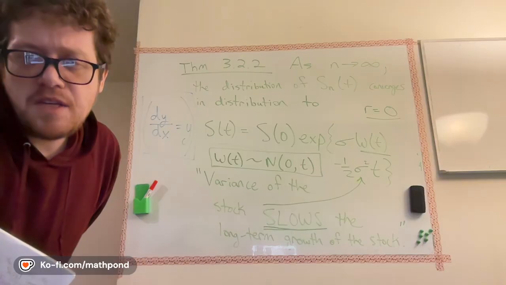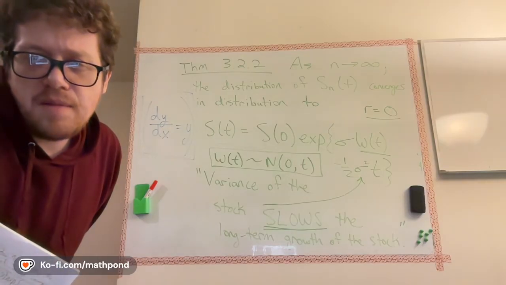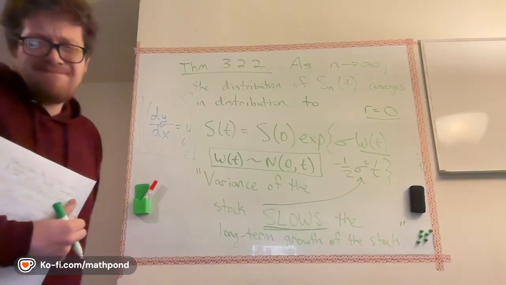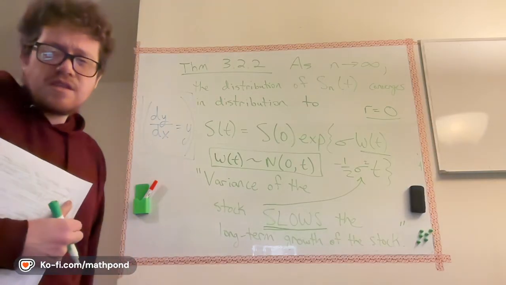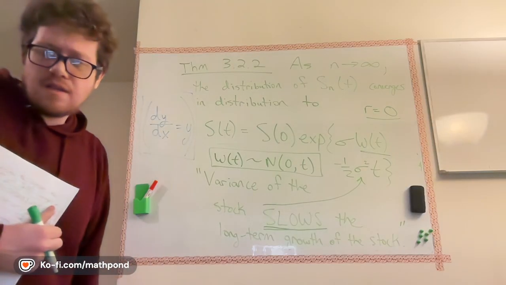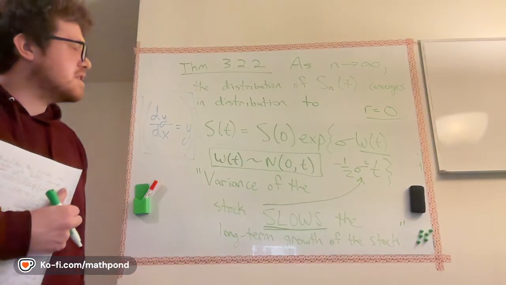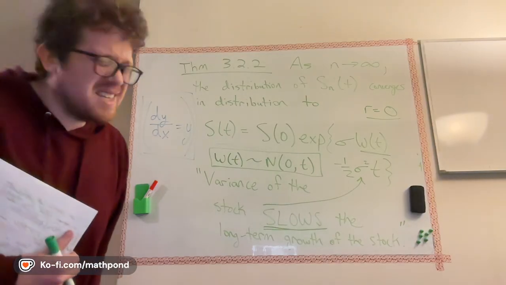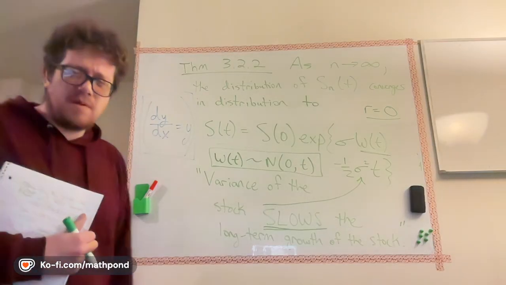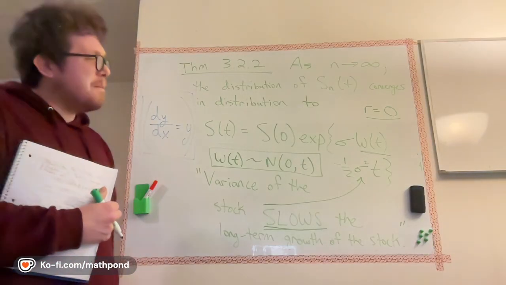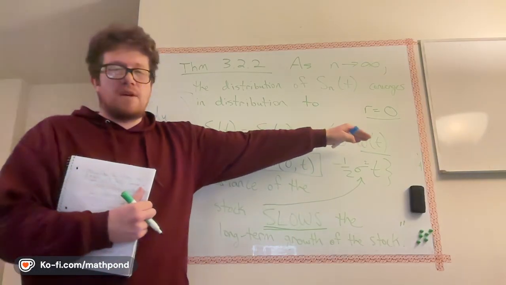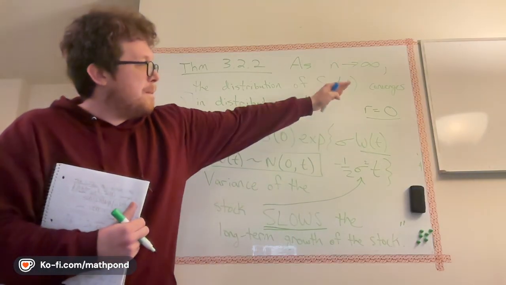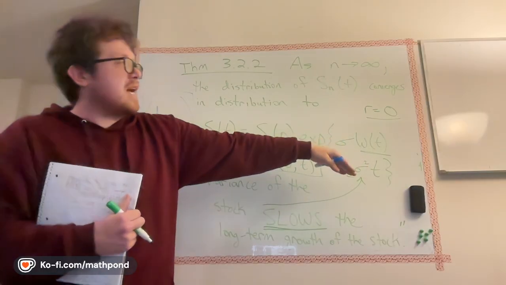Is W of t like the frequency of random oscillations? Could you say it like that? I wouldn't say frequency. I think frequency is probably the wrong word. I would just say that W of t is some random perturbation that's normally distributed. It can either go up or go down.